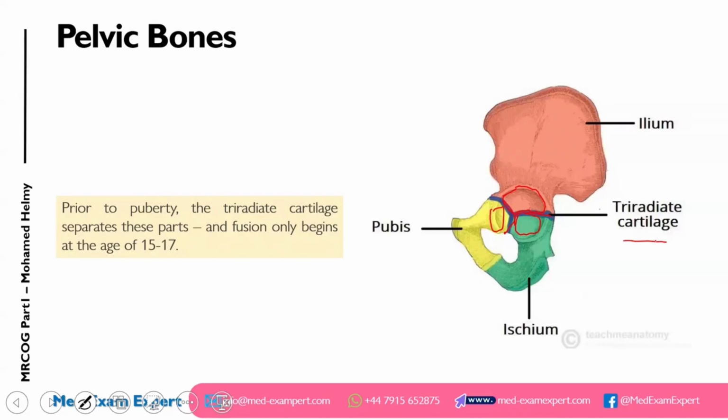We call it triradiate cartilage because it's consisting of three lines like that, similar to the Mercedes symbol. So this is called the triradiate cartilage, and separate these parts. And the fusion of this cartilage begins at the age of 15 to 17.